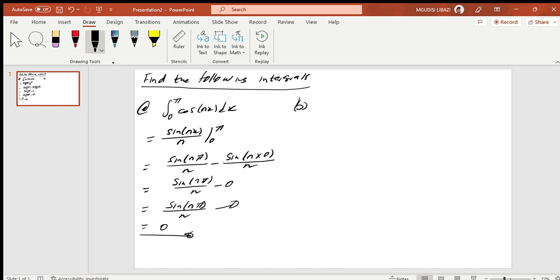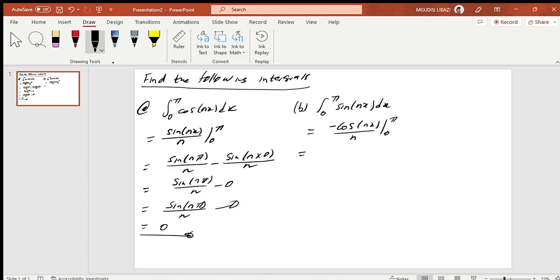So number B, find the integral of the following. The second question that we have is the integral from 0 to pi of sine of nx dx. So now integrating that, we'll get negative cosine of nx, and then divided by n, evaluated from 0 to pi.